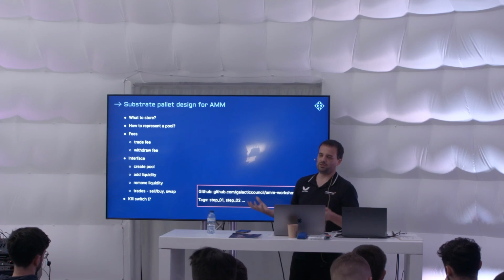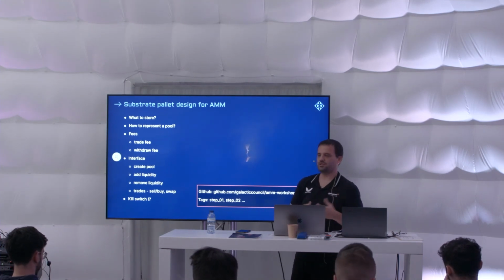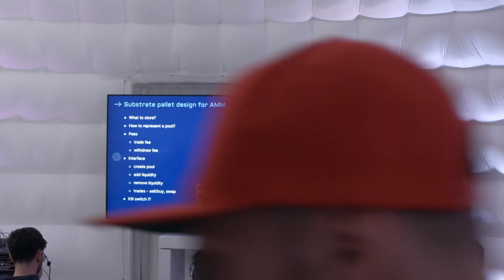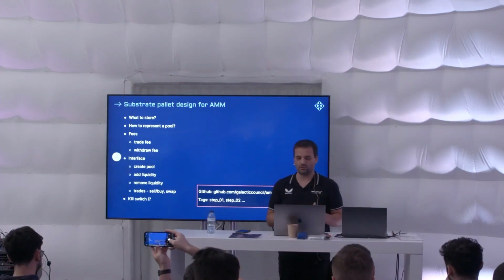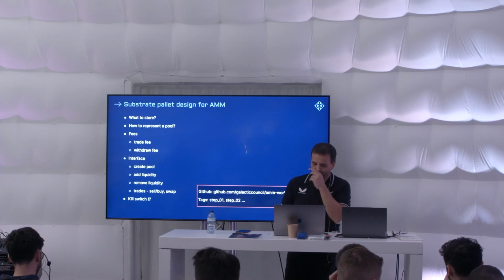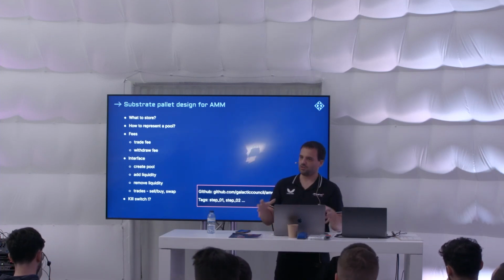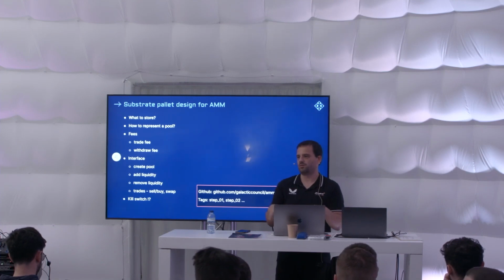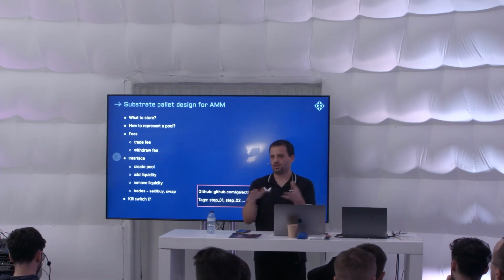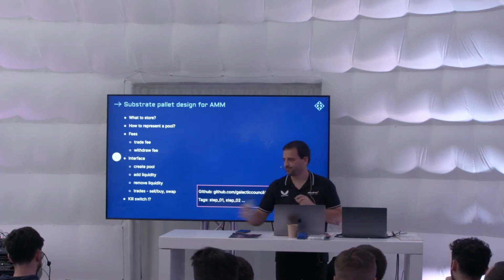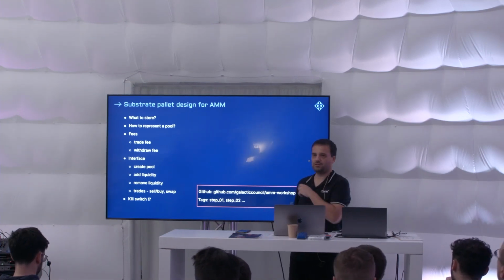Step 1, implementation of create pool, which we will just start doing shortly. Then step 2, implementation of liquidity provisioning and withdrawal, and so on. So you can basically follow along. We won't be writing the code, but you can make your changes if you like. So everybody got it?